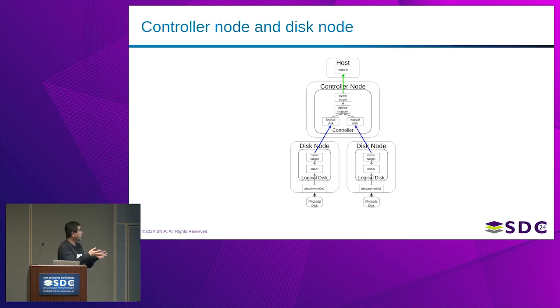The controller node works as a controller, an NVMe subsystem controller. The host connects to a controller, and the controller writes data to the real disk on the disk nodes. So in this case, it is better than the previous one.